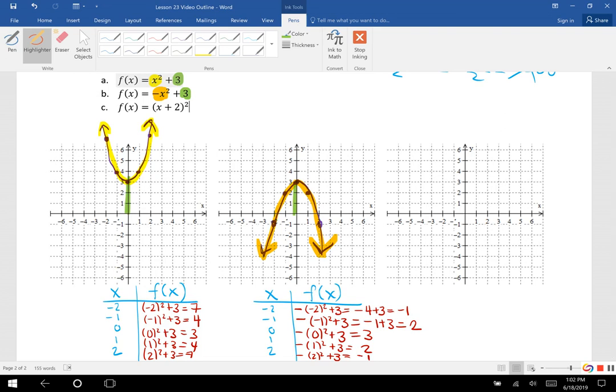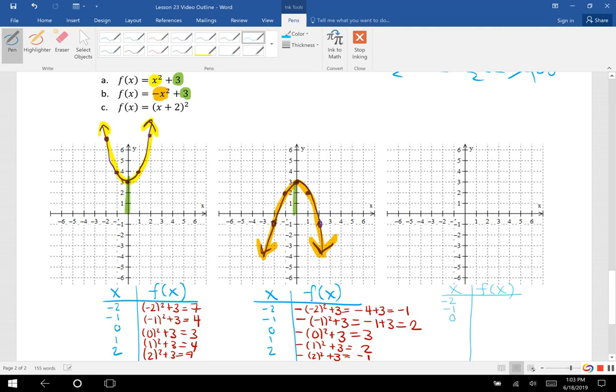So let's do the last one. We're going to do the same thing. We're going to make a table of values. So I'm going to do the x and the f of x. I'll pick -2 to 2 again and see what happens.